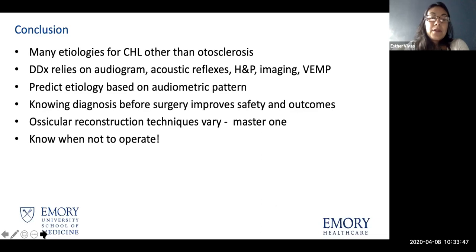If it's a very fragile patient, you don't want to take someone to the operating room and expose them to surgical risks when you can just give them a hearing aid or talk about some other bone conduction hearing amplification device. There are not just surgical bone conduction devices, but there are some that can be worn on bands, even for adults. So those are the main takeaways.